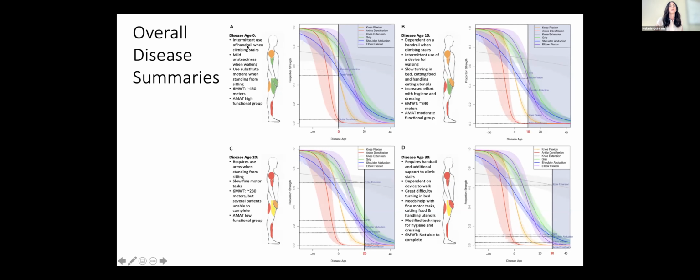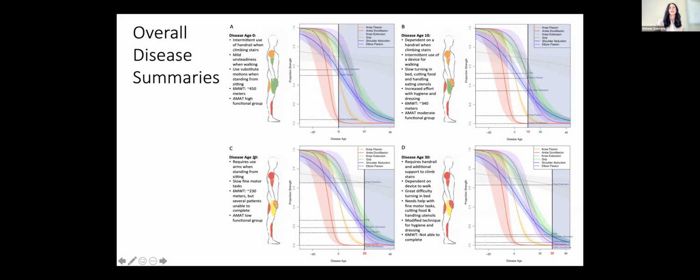That corresponds to intermittent use of handrail when climbing the stairs, mild unsteadiness when walking, needing to use substitute motions when standing from sitting. The 6-minute walk test was approximately 450 meters for these individuals. And on the AMAT, they were still a high functioning group.